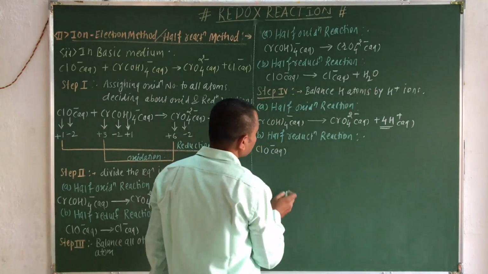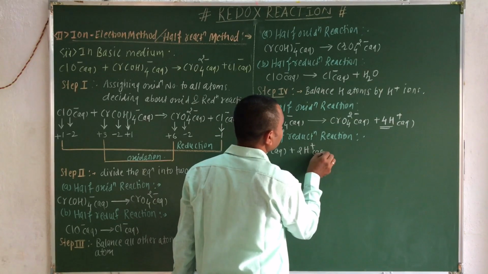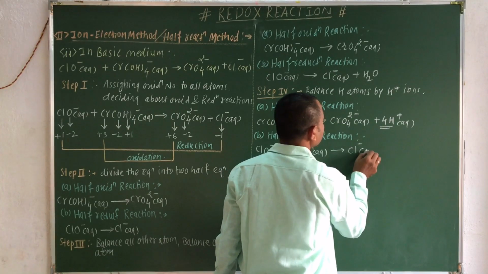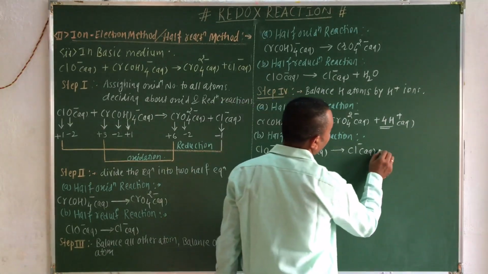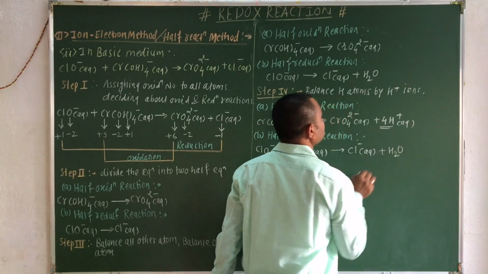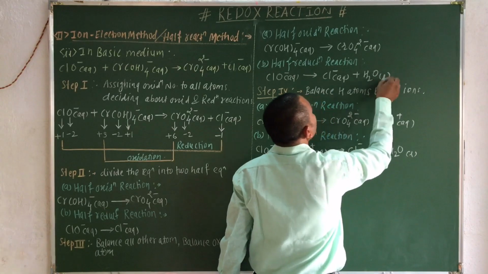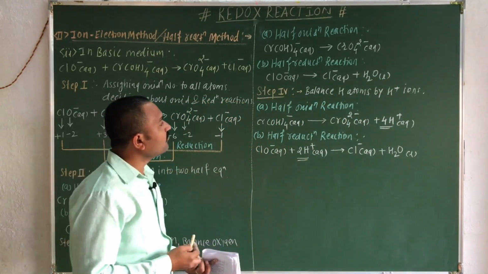So here two hydrogen atoms, therefore we have to add 2 H plus ions to the left hand side of this equation. Therefore Cl minus aqueous, 2 H plus that we have added in this step, plus H2O liquid. So this is about your step number four.